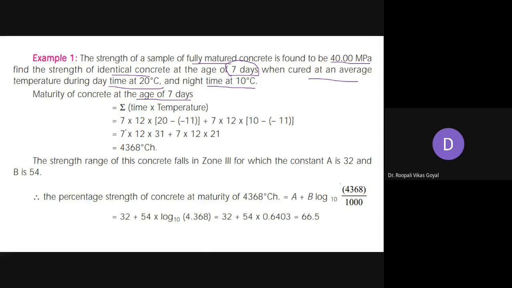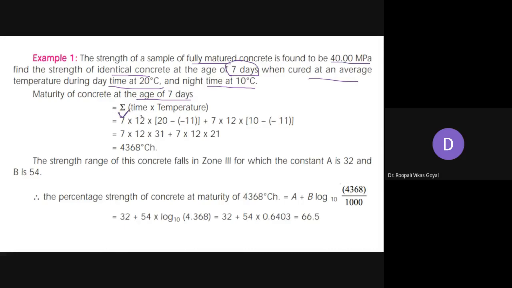So for 7 days, now if you want to convert it into hours, you have to multiply by 24, but it cannot be multiplied by 24. Why? Because for 12 hours the temperature is different, and for another 12 hours the temperature is different, daytime temperature is different, nighttime temperature is different. So we are considering these 7 days, converted into hours.